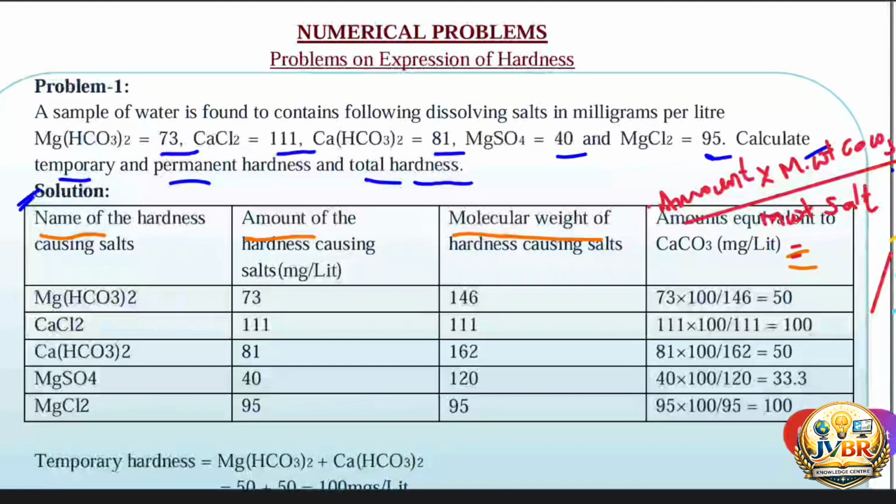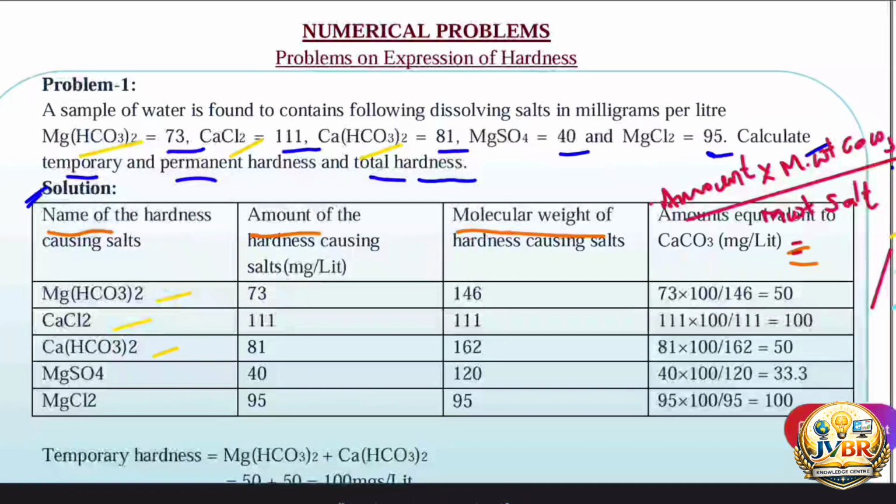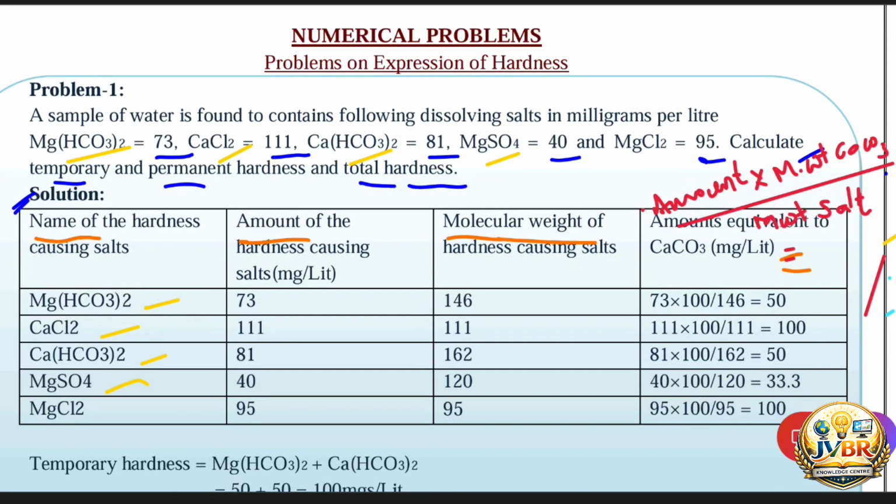In the table, in the first column, write all the salts given in the problem. First salt, magnesium bicarbonate. Second salt, calcium chloride. Third salt, calcium bicarbonate. Fourth, magnesium sulfate. And fifth, magnesium chloride. In the second column, the weight of the salt: magnesium bicarbonate 73, calcium chloride 111, calcium bicarbonate 81, magnesium sulfate 40, and magnesium chloride 95.